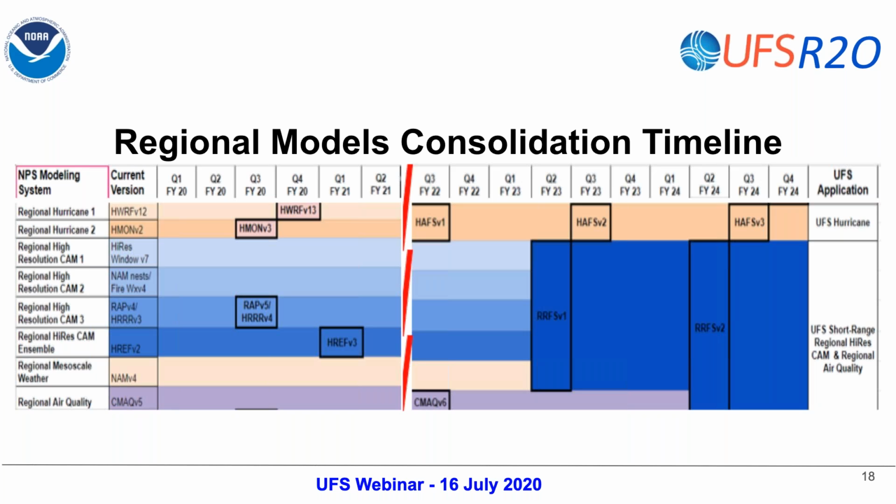I'll just say yes, that's true. There is a set of metrics that are predefined and a set of benchmarks that are required for the models to meet or exceed in order to transition to operations. So like I said, we're doing this research within that operational constraint that you can't implement something that doesn't do better than what it's aiming to replace.